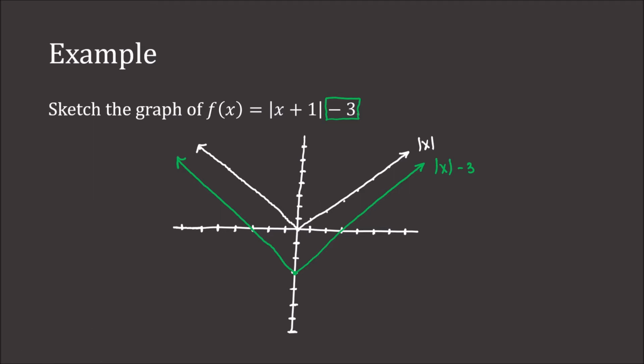Well, now let's take this graph and deal with this +1 being added to the input. So that will shift it to the left by 1 unit. So the new vertex will be right there.